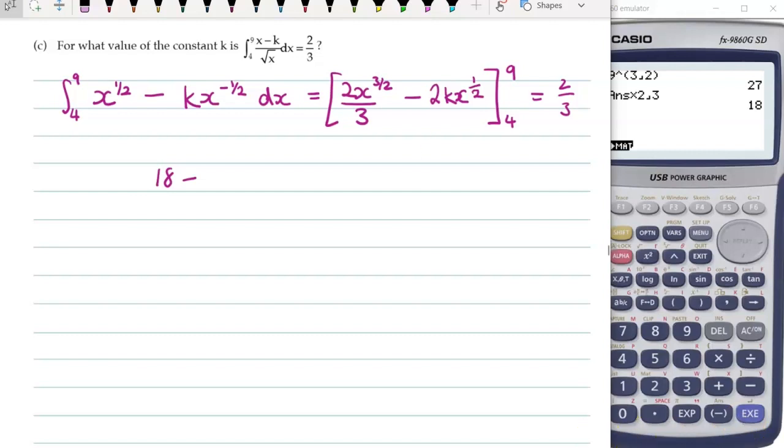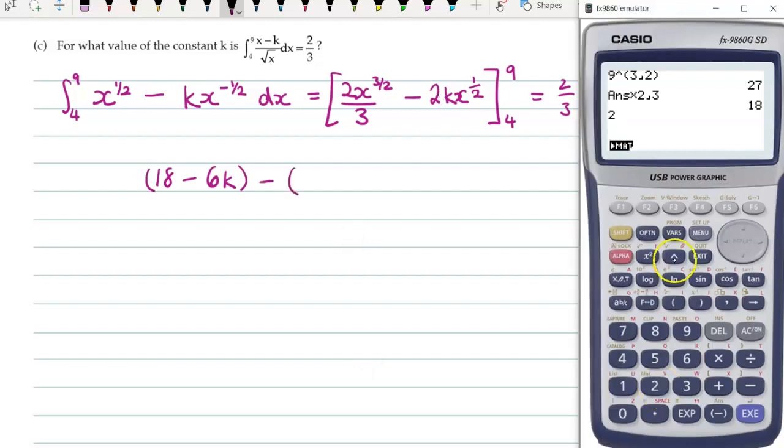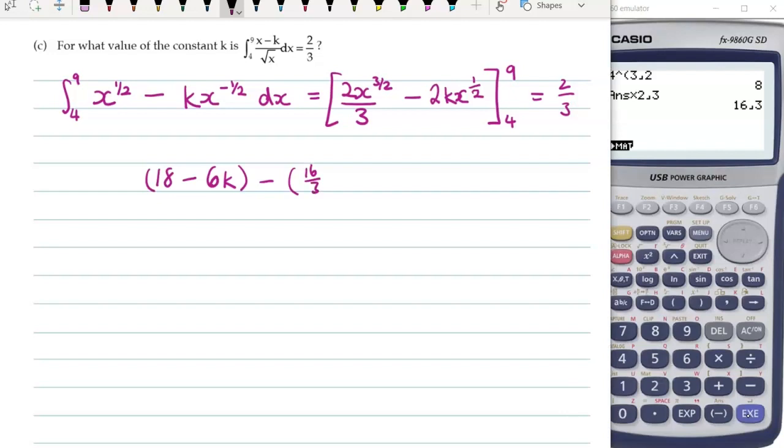Then we have putting 9 into here, that's the square root of 9, so that's 3, so that's minus 6k. And then we put in the 4. 4 to the power of 3 over 2, times it by 2/3. We get 16 over 3.